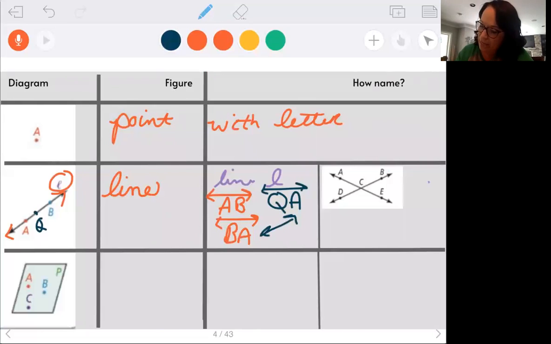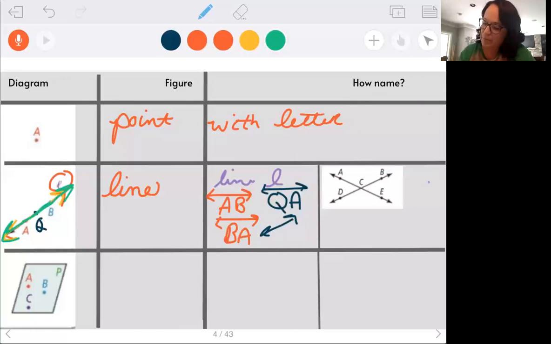Line QA goes forever through A and Q. Line BA goes forever through B and through A. And because it goes forever in both directions, they're all the same. So again, when naming a line, you pick any 2 points on it in any order, and you put a line symbol over it.